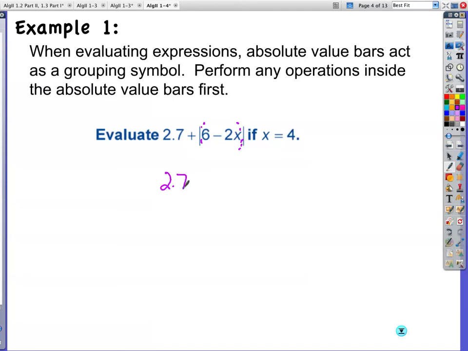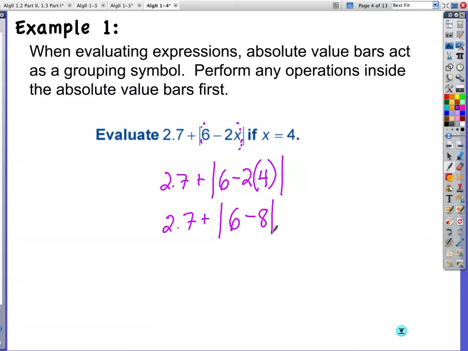So this is actually 2.7 plus the absolute value of 6 minus 2 times the value of 4. So inside this absolute value, hence we're going to think parenthesis kind of, I have a multiplication which I have to do first. So 2.7 plus absolute value of 6 minus 8.